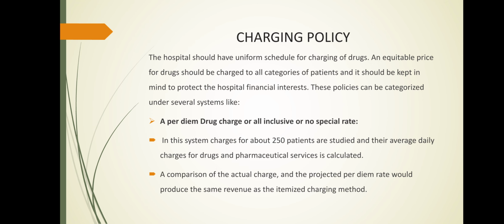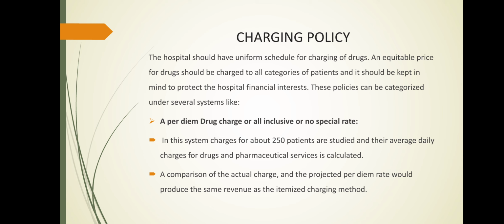Next is the charging policy. In this, there should be a uniform schedule for charging of medications. So in that, there are certain policies: a per diem drug charge, or all inclusive, or no special rate. In the per diem, per day drug charges will be accounted.